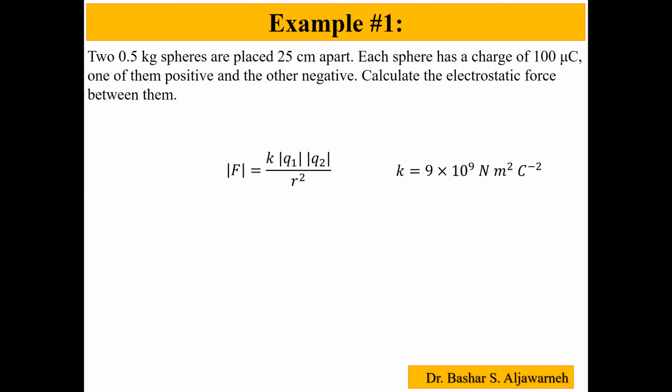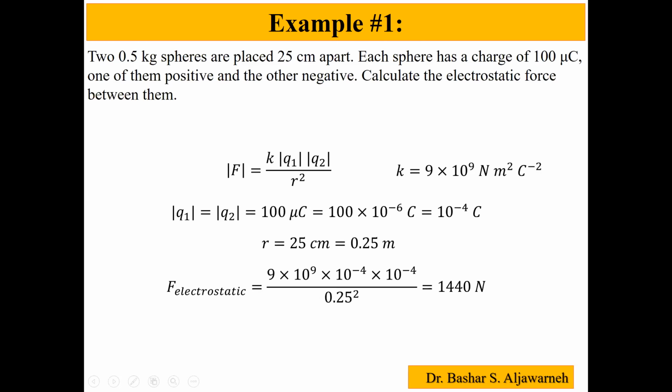But you need to pay attention that your charge is here in units of microcoulomb, which means I have to convert it from microcoulomb into coulomb. In other words, you need to multiply by 10 to the minus 6. Now, plug in your numbers, you will get the electric force equals 1440 newtons.